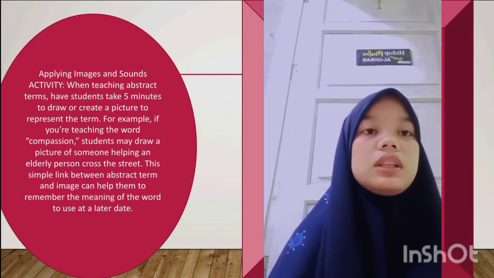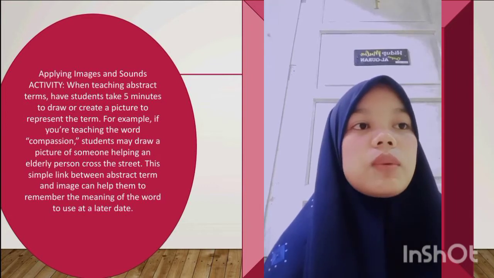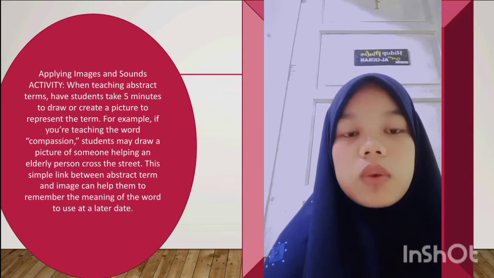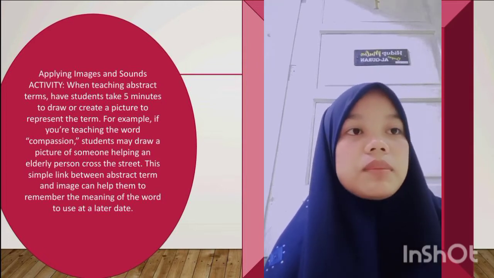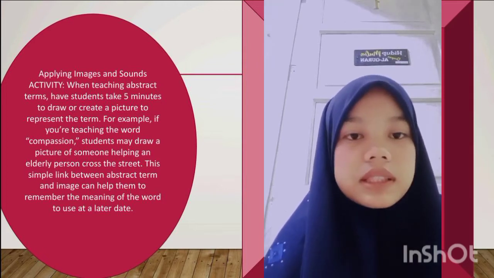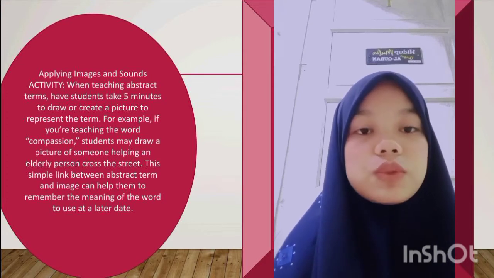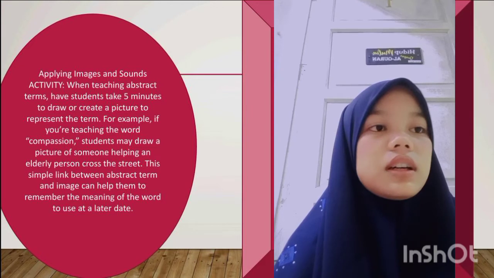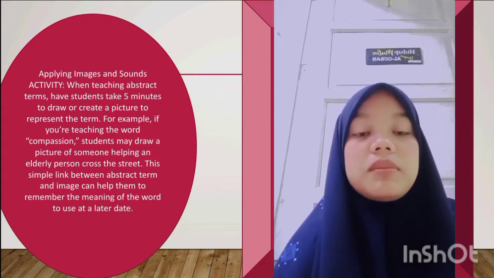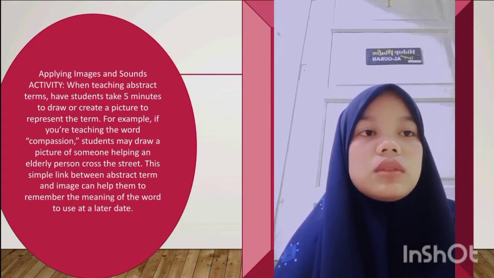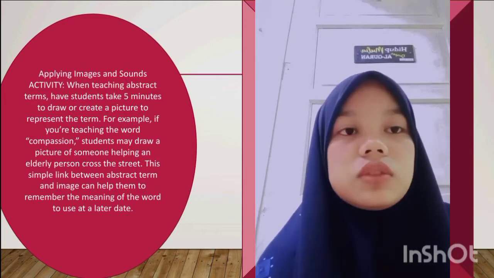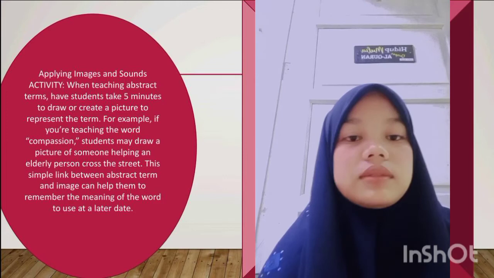For example, if you are teaching the word compassion, students might draw a picture of someone helping an elderly person cross the street. This simple link between abstract term and image can help them to remember the meaning of the word to use at a later date.